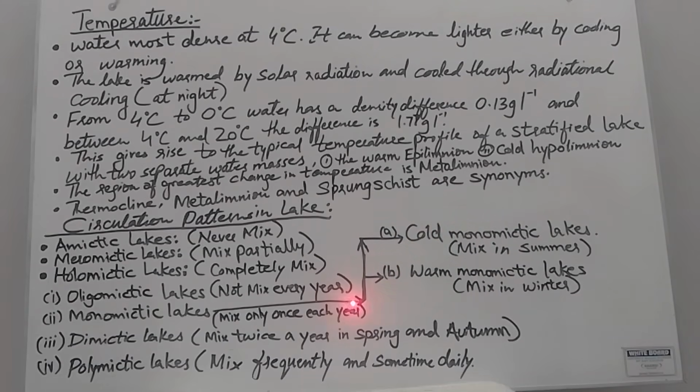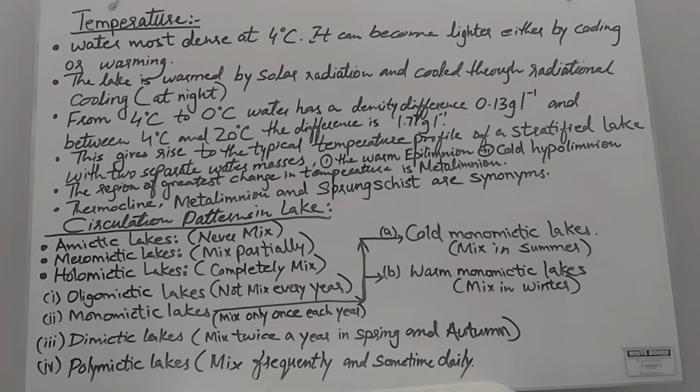Another subtype of monomictic lake is warm monomictic lake, and they mix in the winter. Usually their temperature is greater than 4, and when they cool down to 4 degrees, they do not freeze over. An example of this lake is Constance, which on average freezes over about once every 33 years because of its large size.